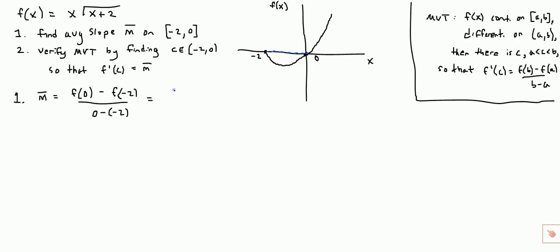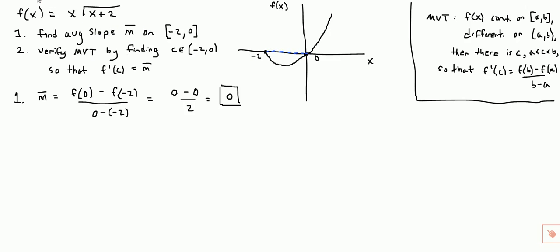Okay, so that's 0 minus 0 over 2, which is 0. Okay, that makes sense, right? This line definitely looks horizontal. And the average slope is 0, based on this calculation.